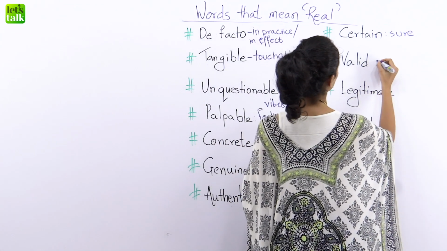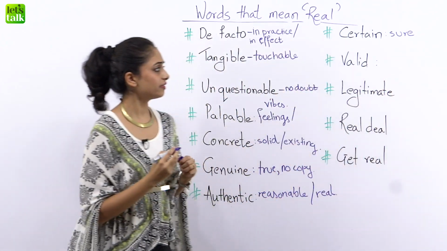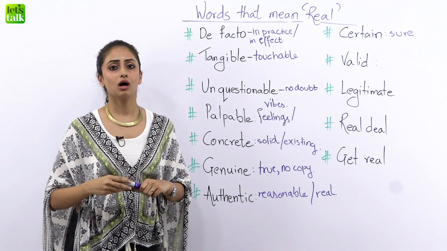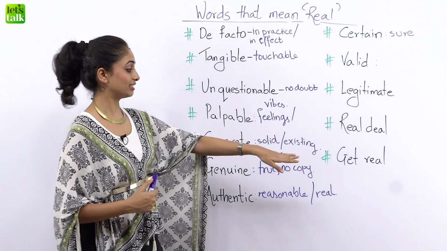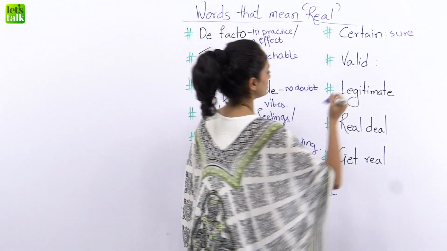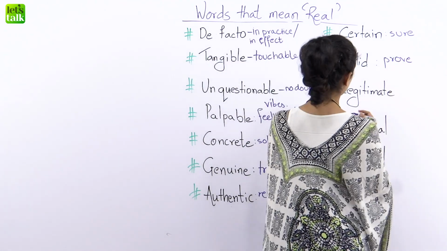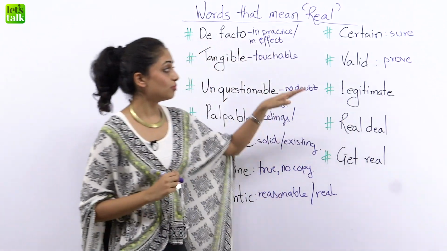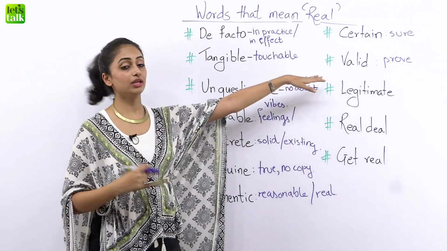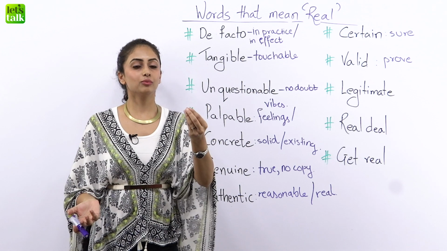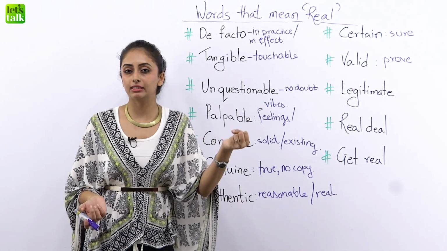Now moving from certain, we have valid right there. Now valid basically means something that you can prove, again, it also relates with existing, right? So valid is something that you can prove. Valid can be used for, you might have heard, medicines and the validity of medicines.